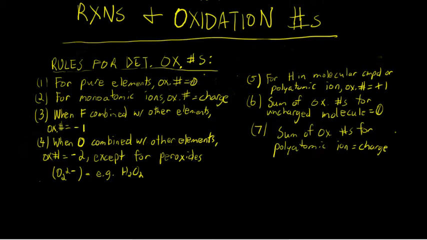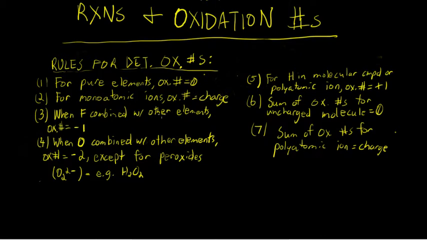So for pure elements, say pure chlorine, the oxidation number is 0. For monatomic ions like Ca2+, we've already gone over this, but the oxidation number is equal to its charge. So Ca2+ has an oxidation number of 2.